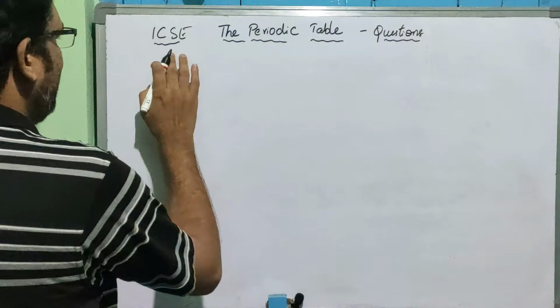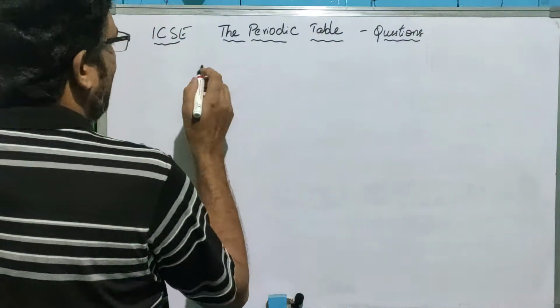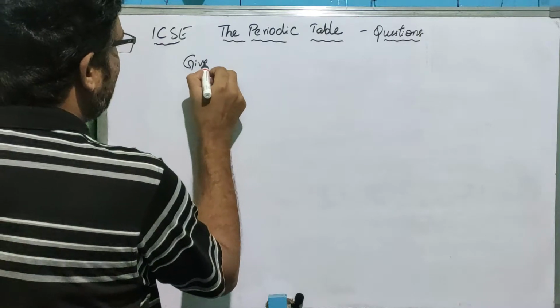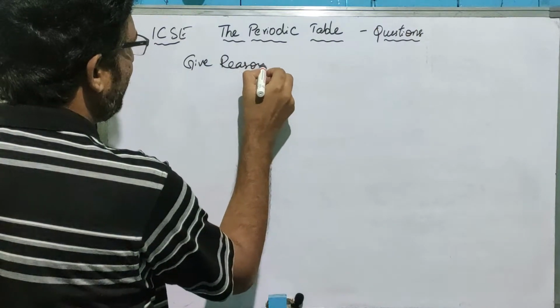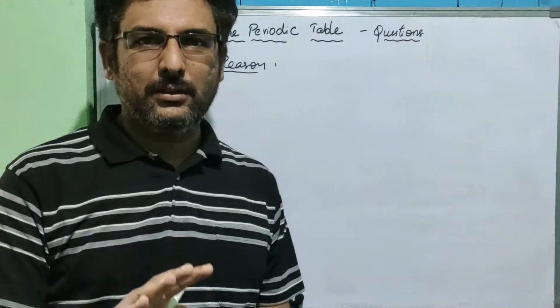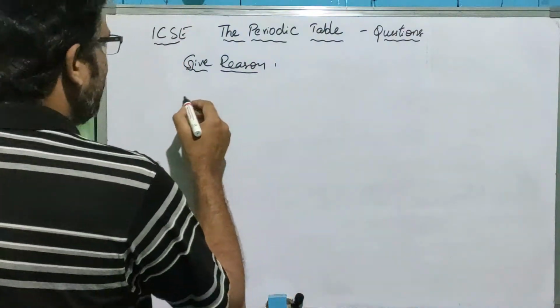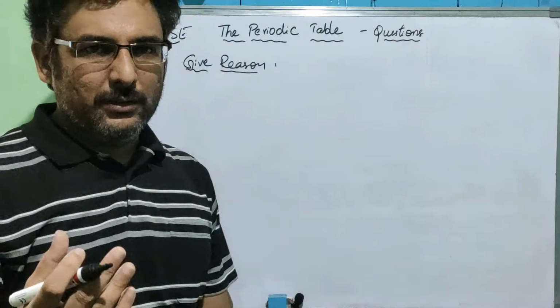And the very important question which will definitely come from this chapter is the give reason question. Definitely you will see at least 2 or 3 give reason questions from this periodic table. So what type of give reason questions may appear?